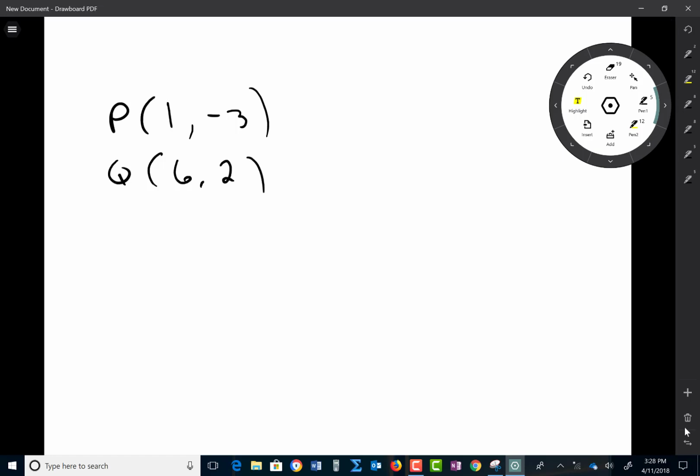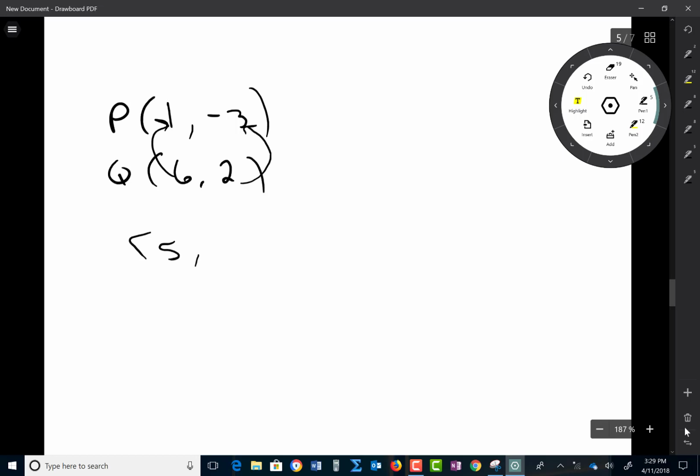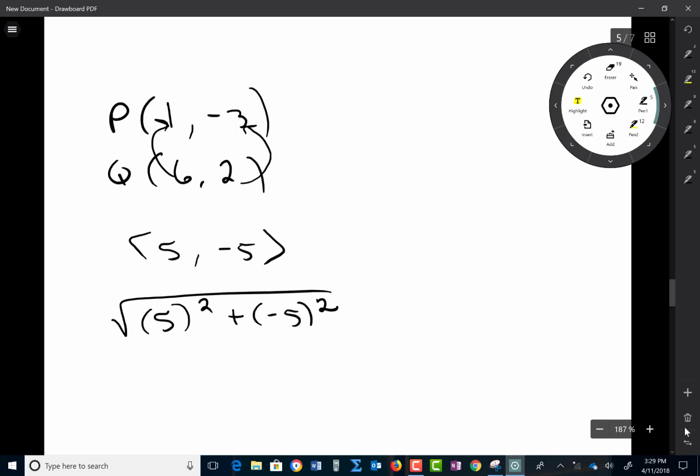I could use the distance formula, or I could just subtract to find the position vector, which would be 6 minus 1 is 5, and 2 minus minus 3 is 5, and then take the square root of the square of both the numbers, which is basically the distance formula using 0, 0 as your starting point. That's what you're doing there.